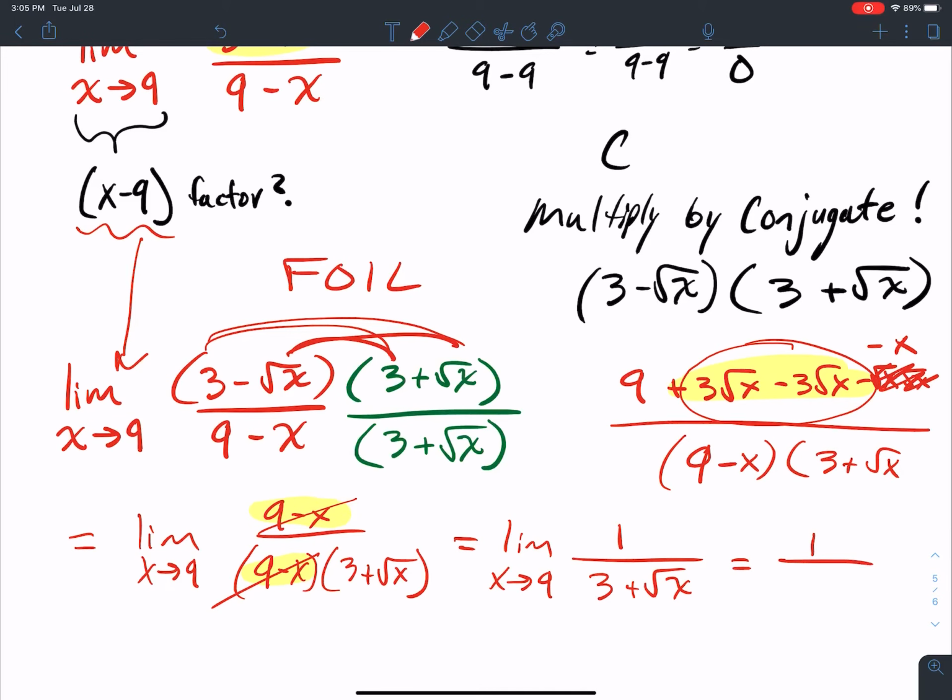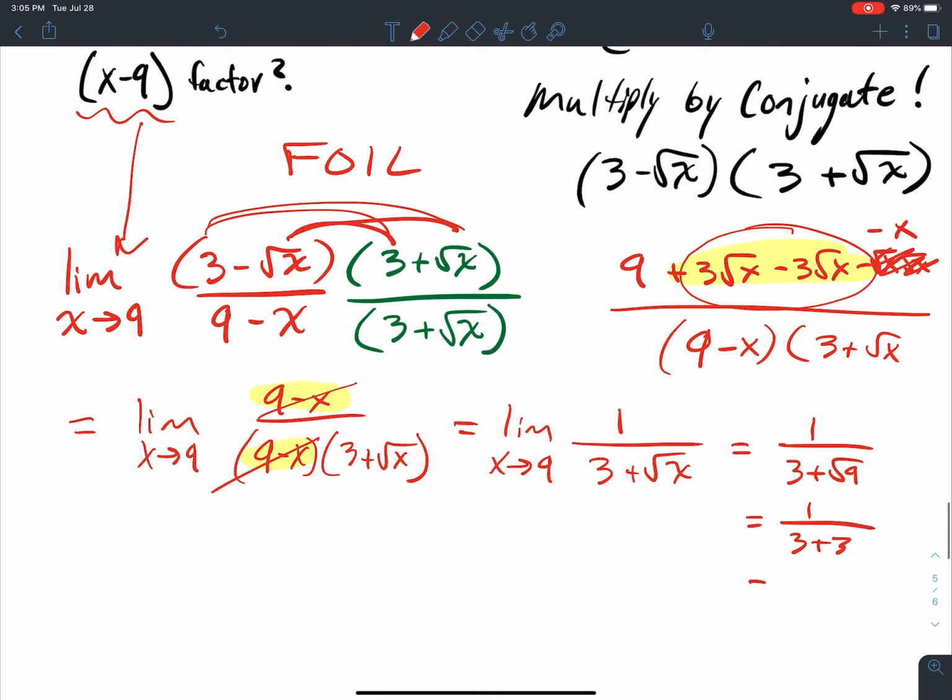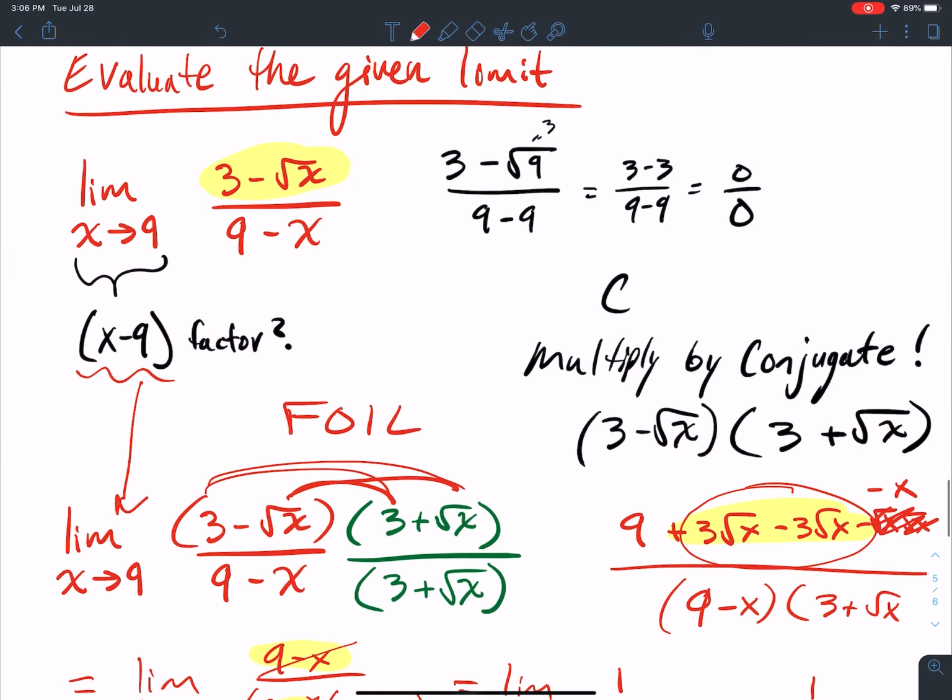When I plug it in now, I get 1 over 3 plus the square root of 9, so 1 over 3 plus 3. That's 1 over 6, my answer. So multiplying by the conjugate is a very tricky and sneaky and powerful way to solve these indeterminate forms.